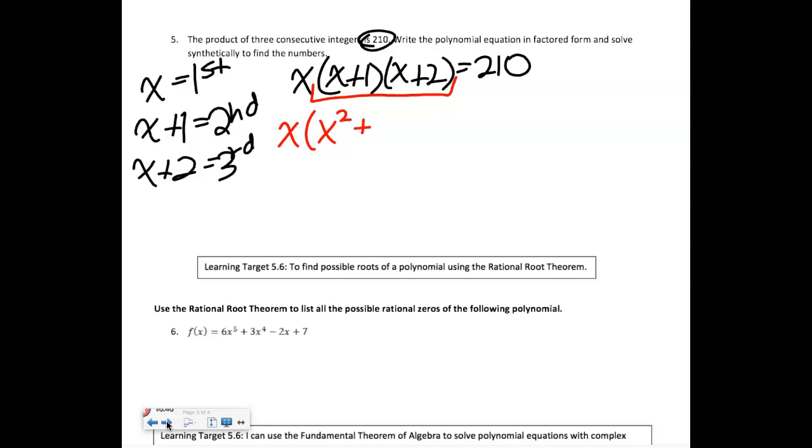I'm going to get 3x. I'm going to take my 1 times 2, so to get 2. Okay. Now what are we going to do? I'm going to take the x and distribute it. Are you guys also okay if we move over the 210 at the same time as well? Save some time. All right, so I'm distributing.